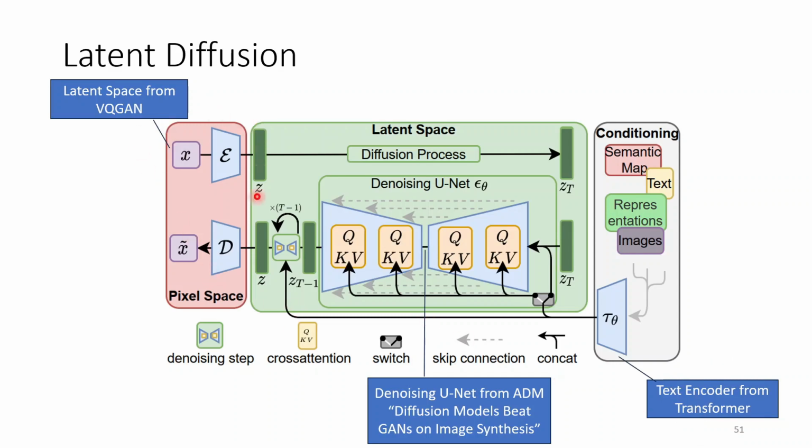And the VQGAN was their paper published 1 year ago. And they combined the two, and they introduce the UNet used by ADN, because the UNet contains self-attention. So they just combine those components together, and it becomes the latent diffusion.